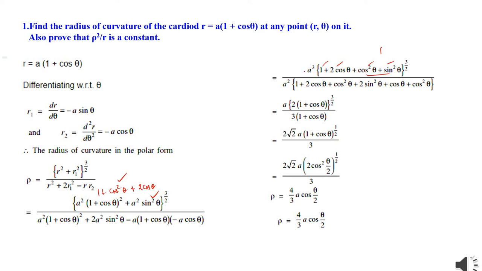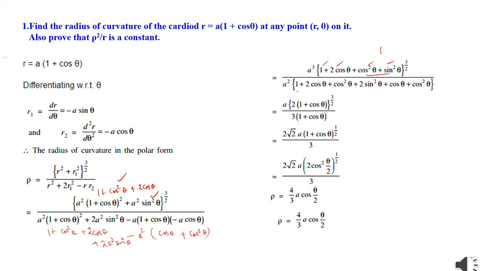This a cube is there, but when you come to the denominator, you have 1 plus cos square theta plus 2 cos theta, and this one will give you minus a square into cos theta plus cos square theta, and this is there 2a square sin square theta. So that is what is written here.